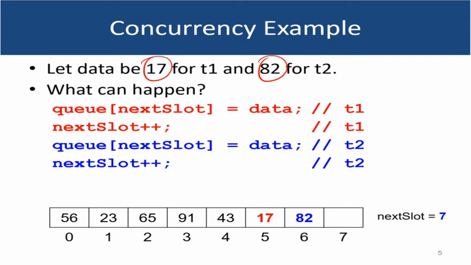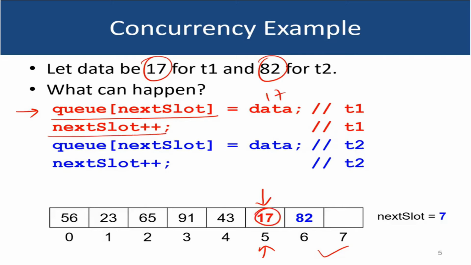If everything goes according to plan, and let's say thread T1 is scheduled first and allowed to complete, followed by thread T2, our queue would look something like this. Recall that on the previous slide, the next available slot was pointing here at index 5. So when thread T1 came in, it executed queue[next slot] equal to data. Its data item 17 got copied here in index 5.